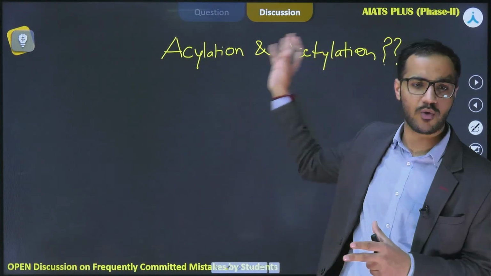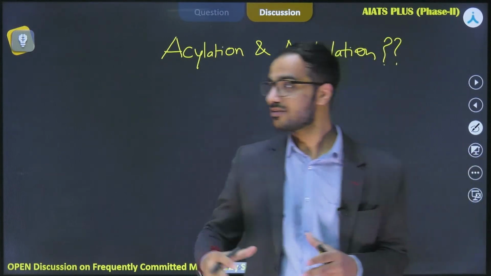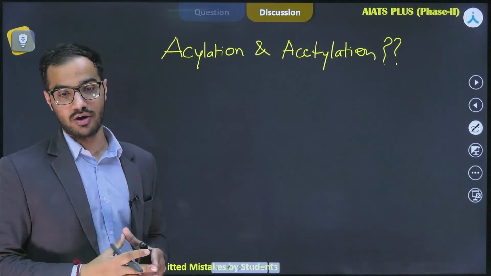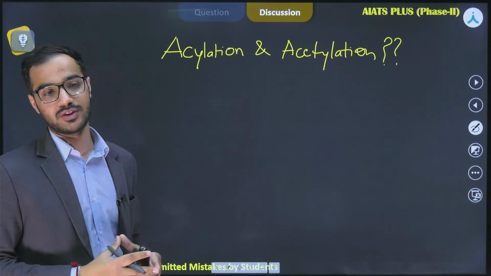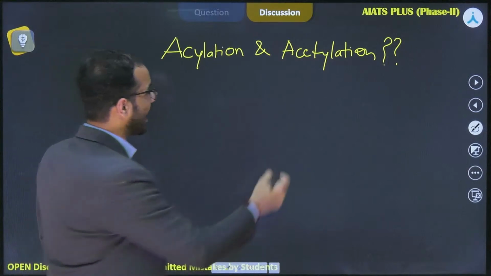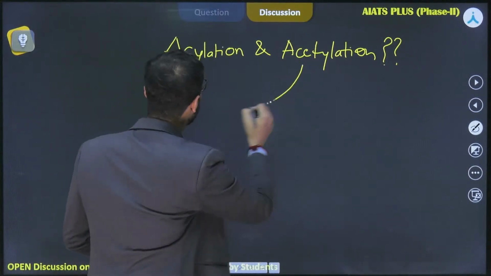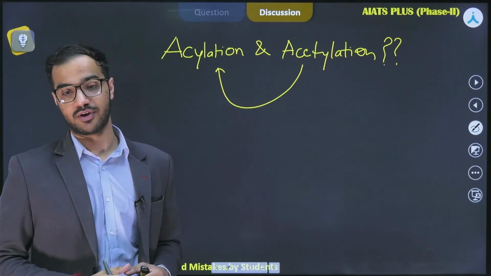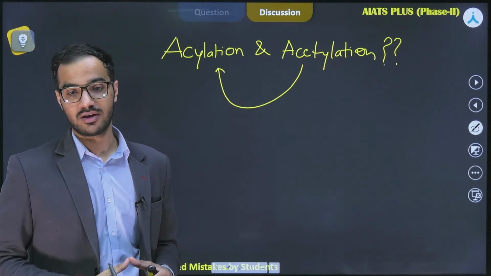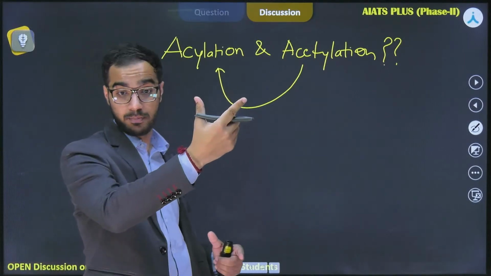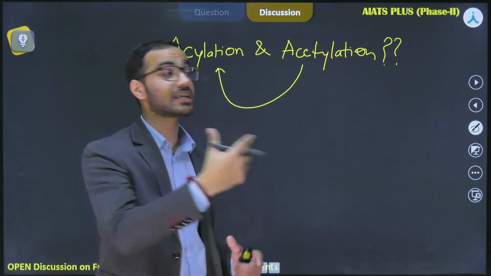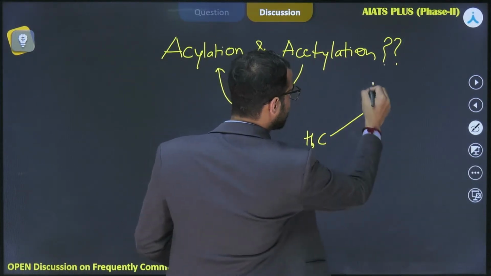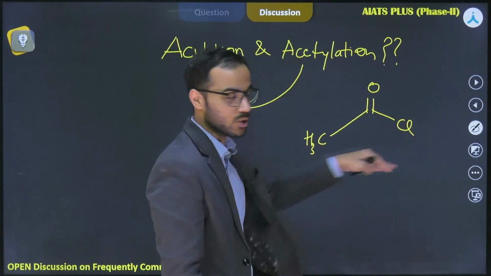But the main question is here. Obviously not. Hilal, this is the main difference between them. We can say that acetylation is a type of acylation. Absolutely correct, Faina. If you are having an acetyl group, which is CH3, C double bond O, Cl, let us say you are taking this.